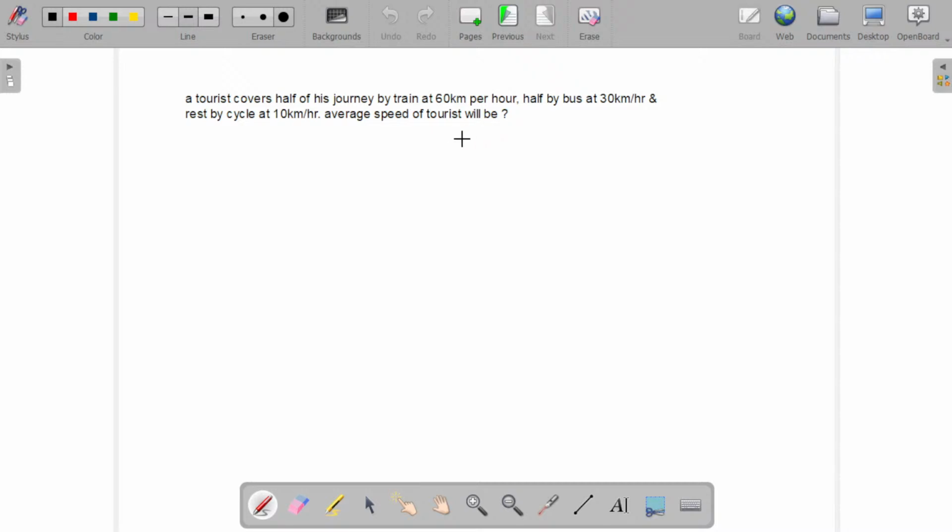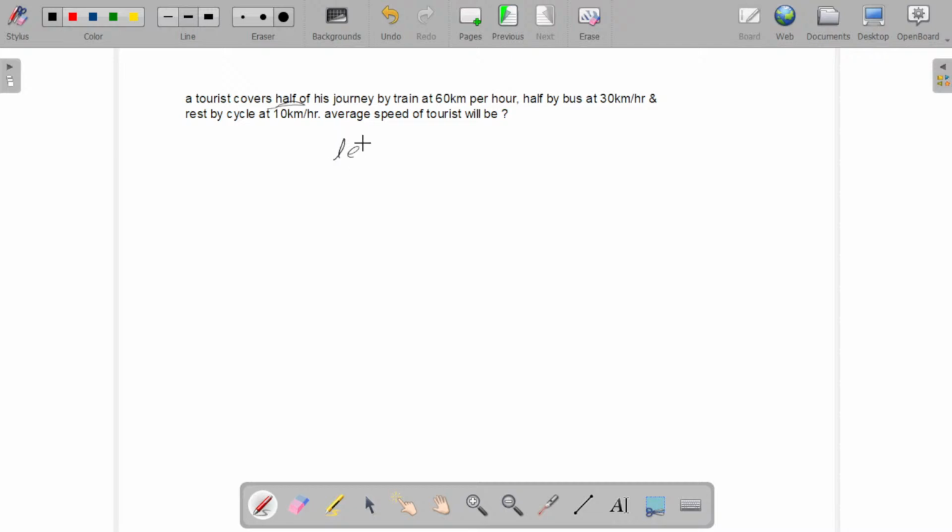So let's see. Here the total distance isn't given, and we have to focus on the word half. So we have to suppose some total distance. Two ways we can solve it, but for making it easier, we suppose some distance.